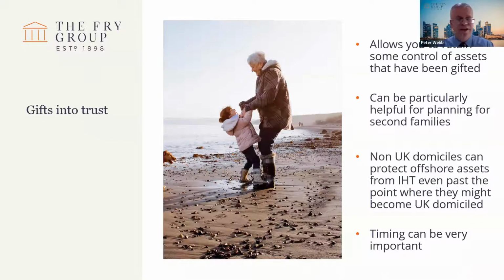So the last trust I'm going to mention is what we call an excluded property trust. Generally, the overseas assets held by somebody who is not UK domiciled are excluded from UK inheritance tax, and we call those assets excluded property.